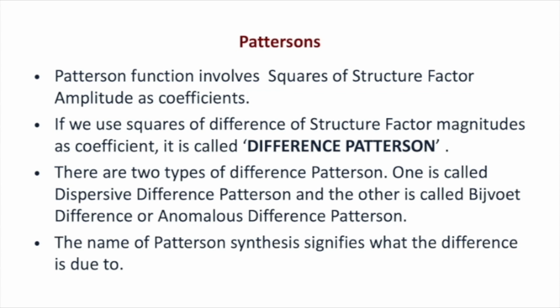Fine. Here, if you use the differences between structure factors, then you square it. Patterson itself means squared. So if you use the differences between two structure factors, that is known as difference Patterson. If you use differences between two structure factors, mod F HKL and mod F H bar, K bar, L bar, which will be visibly different when anomalous scattering is there, that is known as Bijvoet difference Patterson. Okay. Then there is some other Patterson known as dispersive difference Patterson.